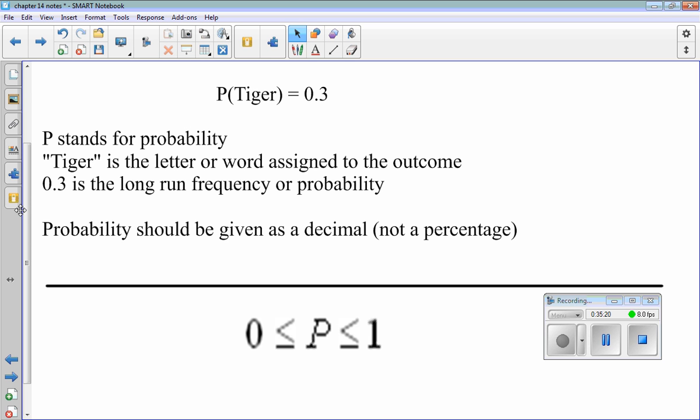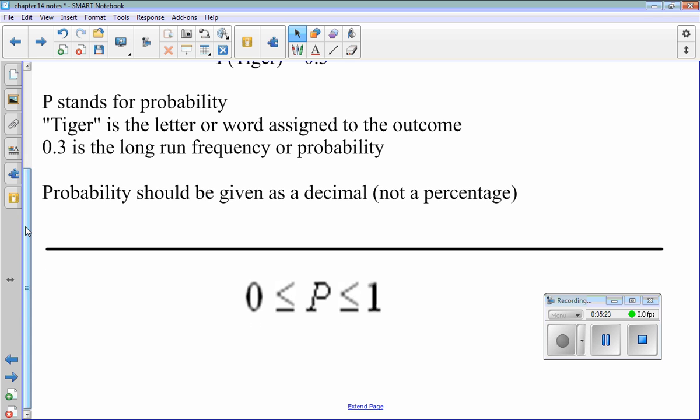Okay? Here's something else. Probability should be given as a decimal, not a percentage. Okay? Sean? Are you sure? Okay. If you think about it, let me know. Okay? Probability should be given as a decimal. We don't say the probability of something is 30%. We usually say 0.3. Okay? It is always between 0 and 1.